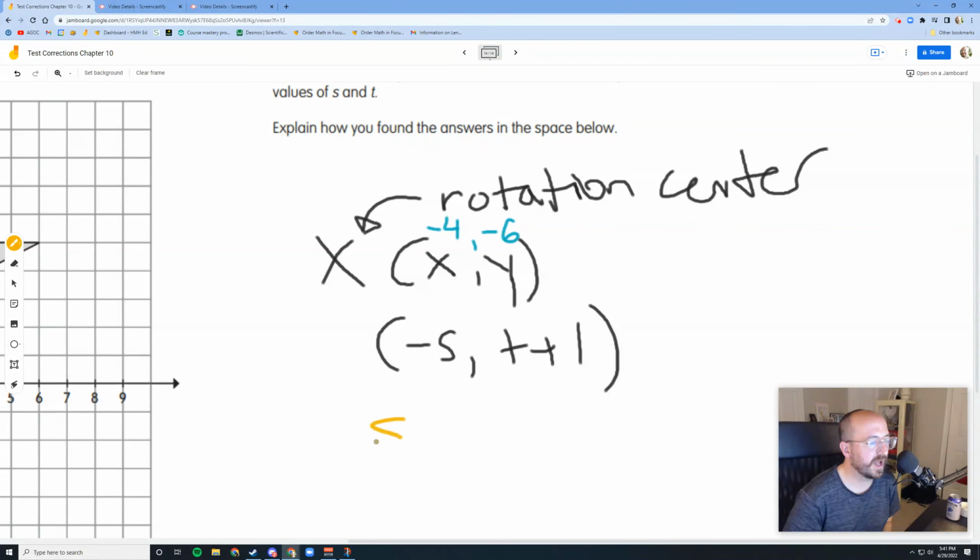I would put that S is 4, right? Because if I put in 4 here, then what do I have? -4. So S is 4. And what would I put in for T in order to get -6? Is -5 plus 1 -6? No. It would have to be -7. T is -7 because -7 plus 1 would give us the coordinate of -6.